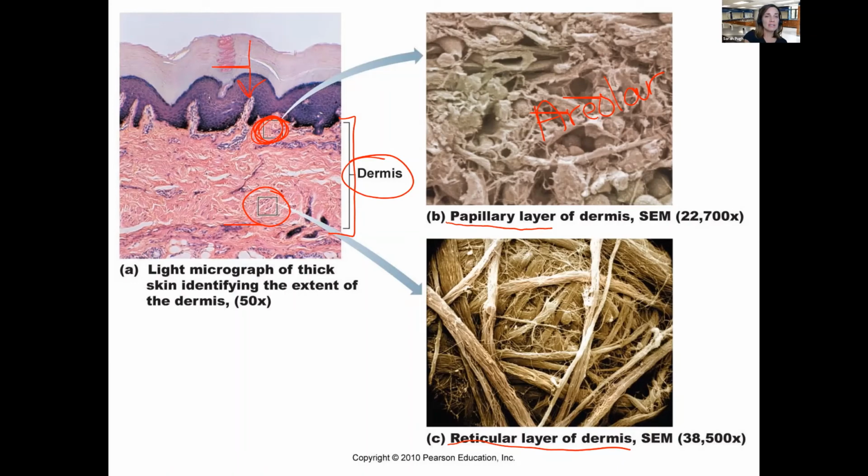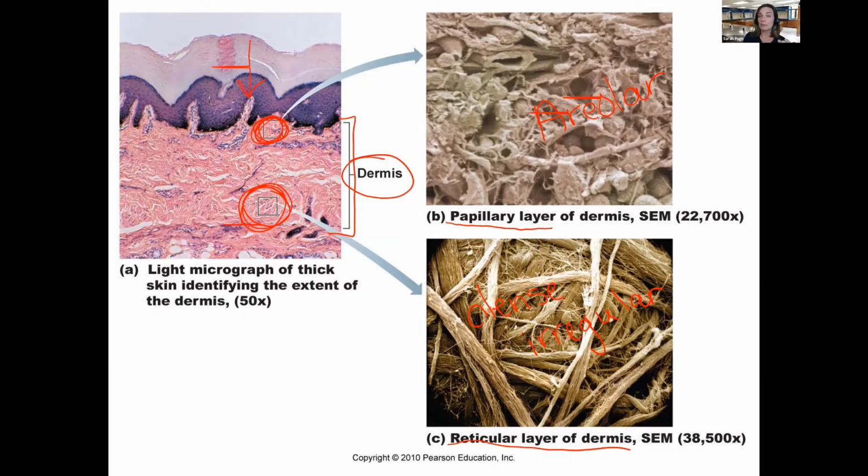Deeper down in the dermis, you have a different tissue. Deeper down in this reticular layer, you have a dense connective tissue called dense irregular. Now, when you look at that, dense irregular, to me, it looks like if you've ever taken yarn and made a little yarn ball, that looks like a yarn ball to me.